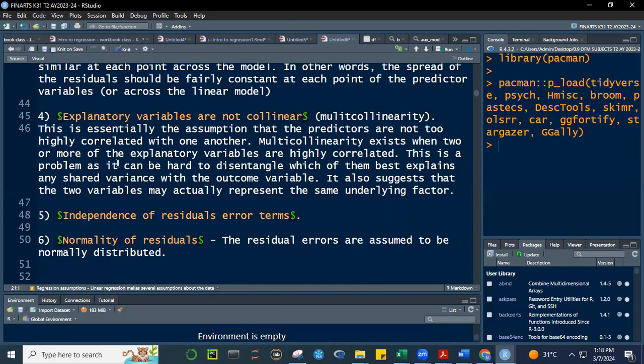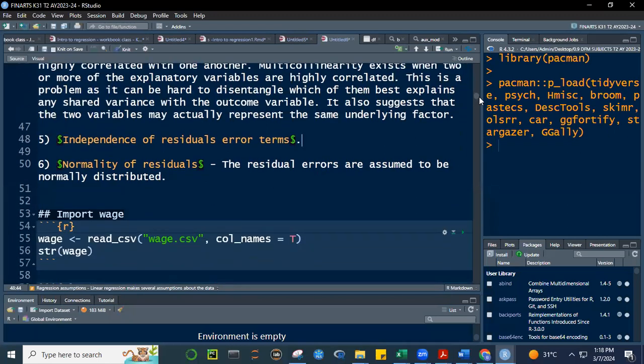And multicollinearity: our independent or explanatory variables should not be collinear. And the residuals should be independent, not dependent. We said this is more of an issue for time series. Normality of residuals also. All right, so we're going to take a look at this.